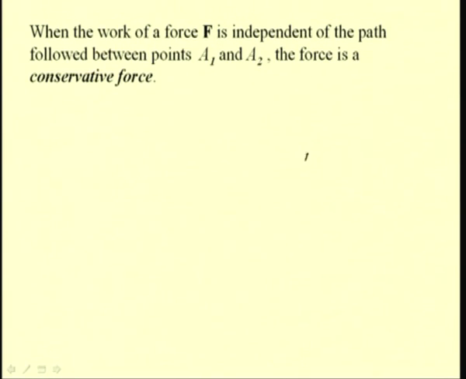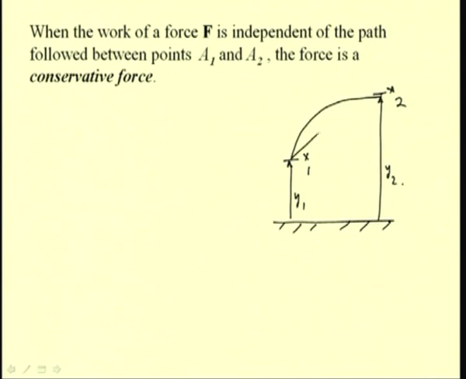Say we have seen that if this is the datum and these are the two positions 1 and 2 at a height of say y1 and a height of say y2, the work done in raising a block from this position to this position does not depend on whether the block is being raised along these various paths, but rather it only depends on the final position 2 and the initial position, because we have seen that the work done will be equal to, if W is the weight of the body, then W y2 minus W y1.